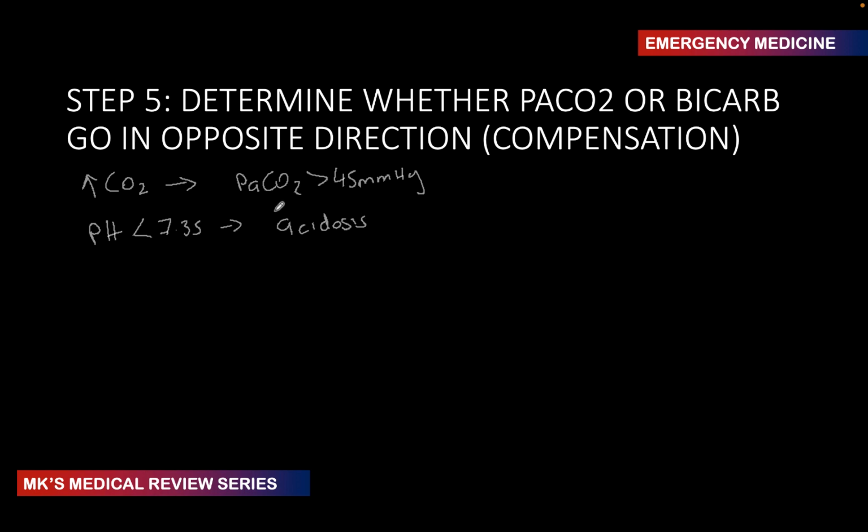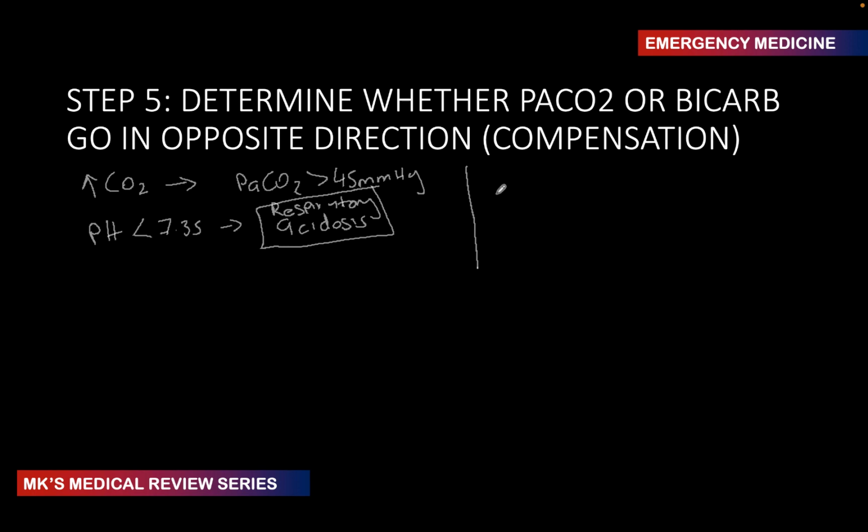And the type of acidosis that is being created here is the respiratory acidosis. Now, in this bracket of patients that is having respiratory acidosis, we expect compensation to happen inside the renal system.